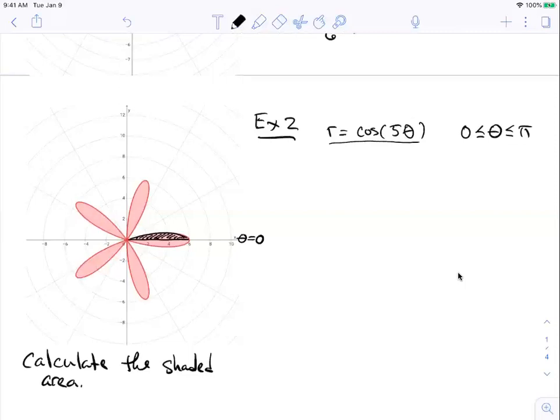But what theta value is the upper limit of integration? When does the radius return to the origin? That's what we need to know: when theta equals this question mark value, then the radius has returned to the origin. So we have to use some knowledge about the cosine function to understand that.